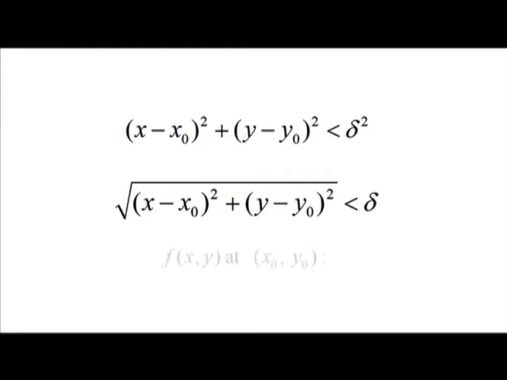We have the following formal definition of limit of f(x,y) at the ordered pair (x0, y0). Formal definition of limit of functions of two variables.